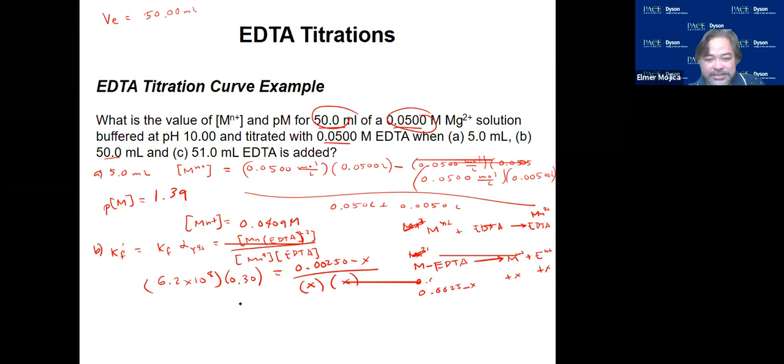And whatever X that you're going to get here, that's the concentration of your metal. And to give you what X is, I'm going to go straight. I get around 1.16 times 10 to the -5, or around a pM equals to 4.94.